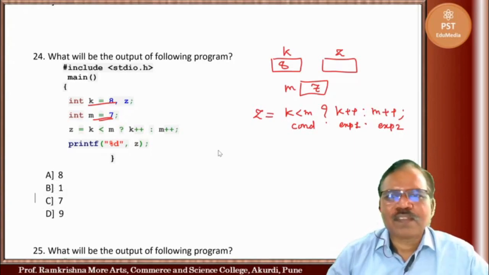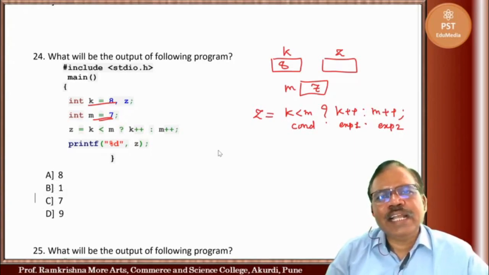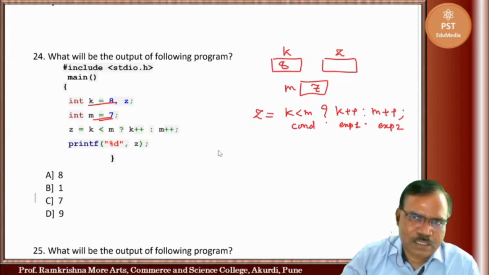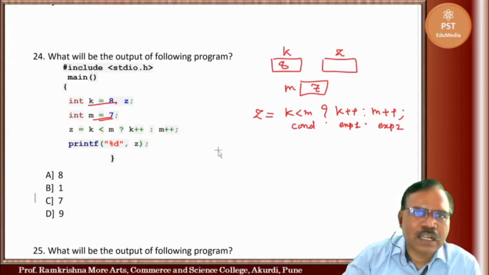See here, what happens? z equal to k less than m question mark k plus plus m plus plus. What is this? This one is what?